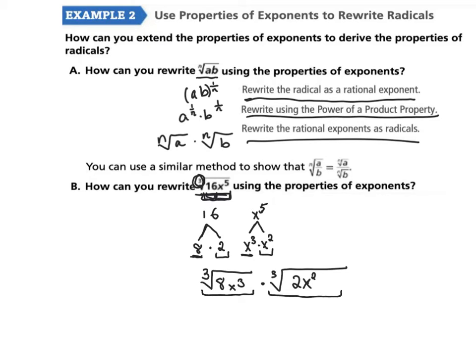This right here, I can't do anything with, so I'm going to leave that over. So if we take the cube root of 8, it is going to be 2, so 8 becomes 2. Cube root of x cubed is just x, so we get 2x times the cube root of 2x squared, because that's what's left over after we got rid of this piece right here. So this would be our answer.